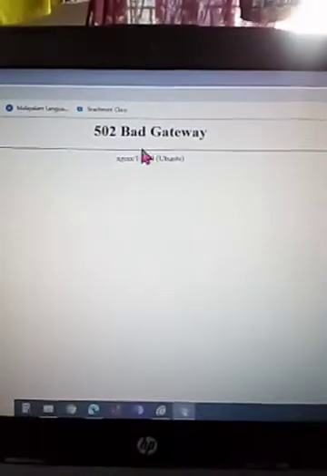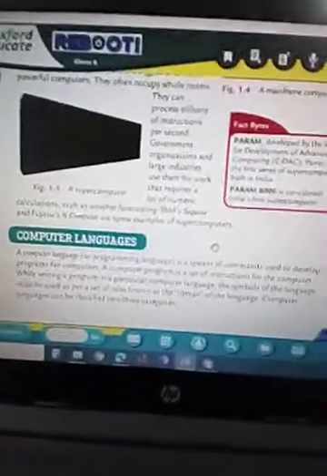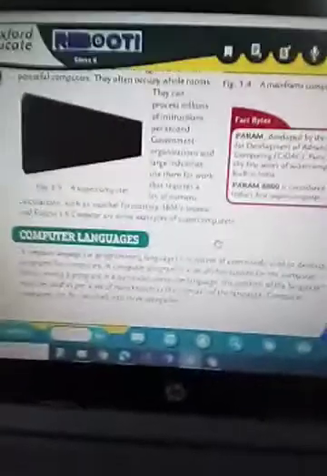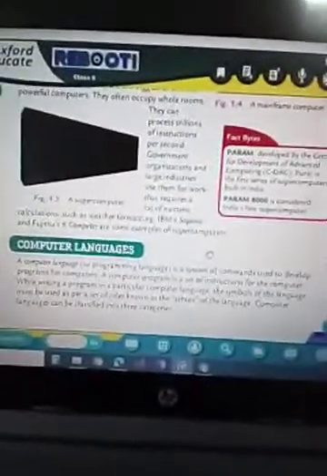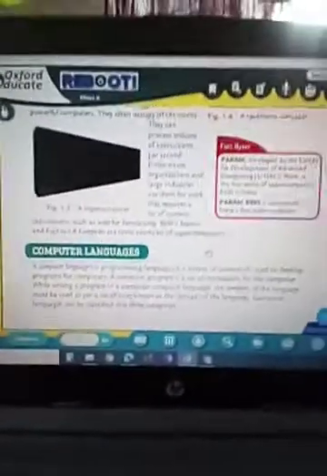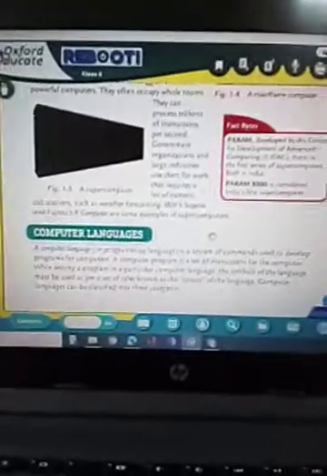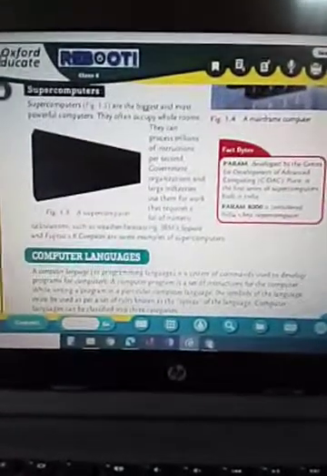See, 502 bad gateway. This is the problem which I am getting in my laptop, so that's why I can't take the class. Yes, because you are shouting like anything. Parents are complaining, teachers are complaining. When some parents are texting, again it is coming in my mind. So I will go back. Okay, computer languages, I will do it fast.